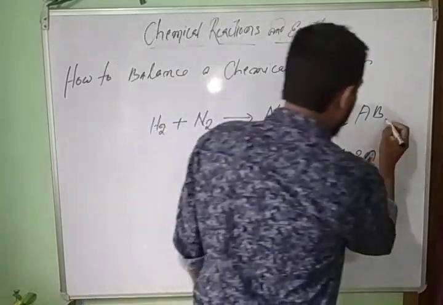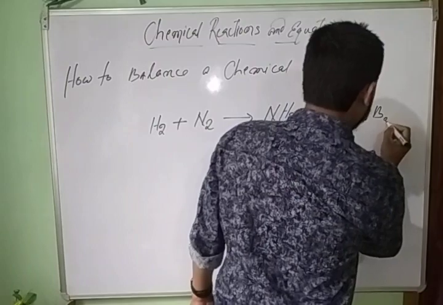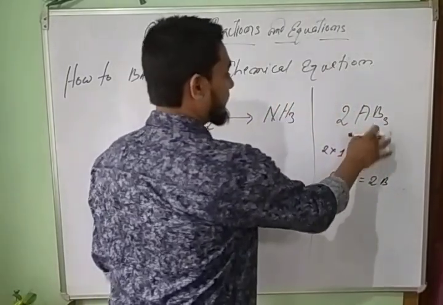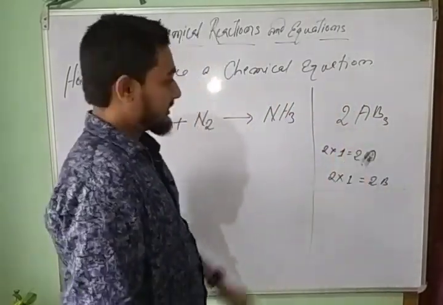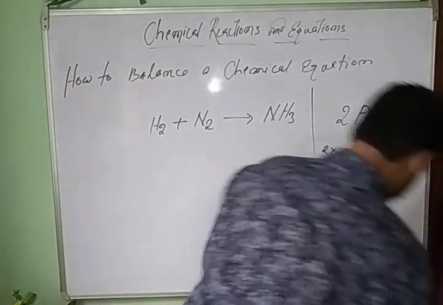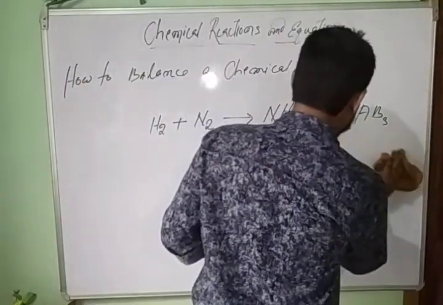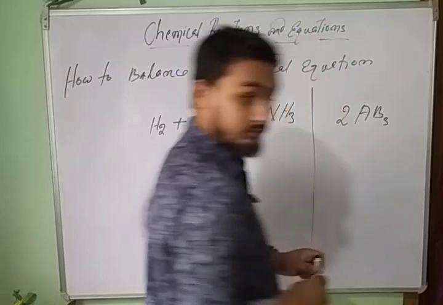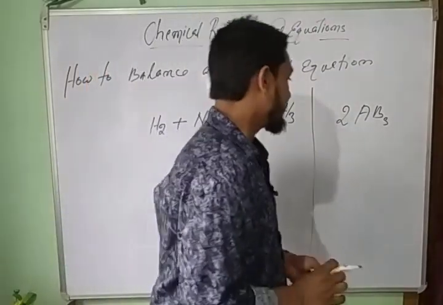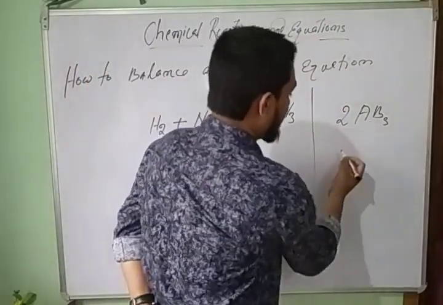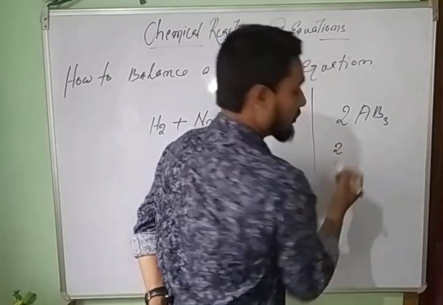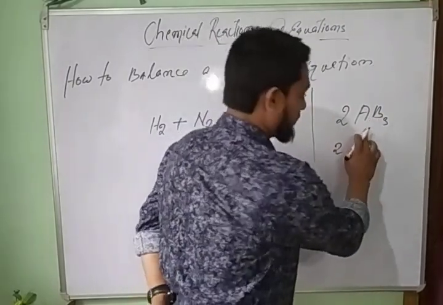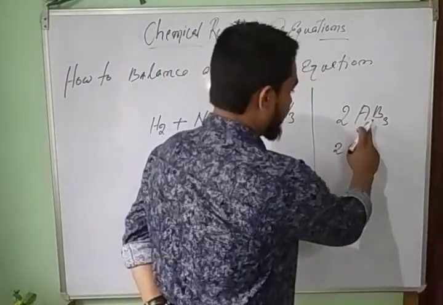But if I write 3 in the suffix position of B, then the number of A, you try to do yourself in your copy. The number of A will be 2 ones are 2, because in the suffix position of A no number is mentioned, that means 1.